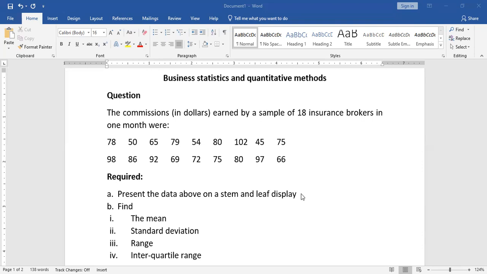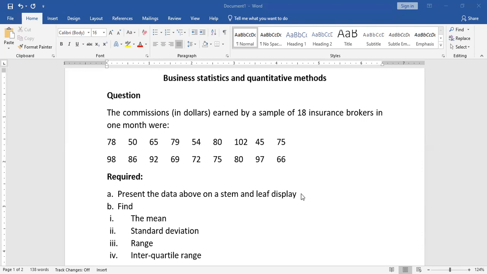So on a stem and leaf display, the first thing that we need to do is to identify the smallest figure of all the numbers as we are developing the stem and leaf. So let's look at the smallest number in this data given from the sample size.